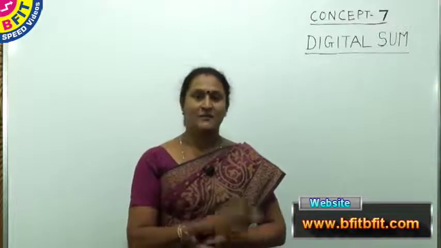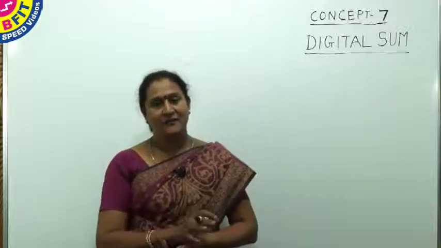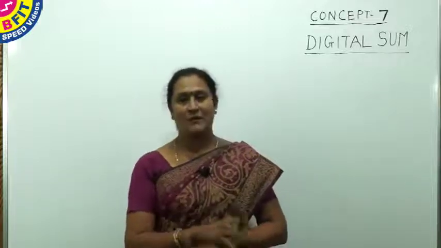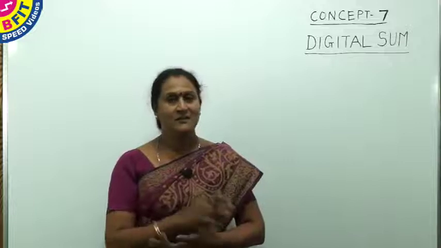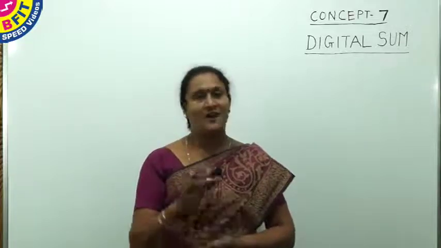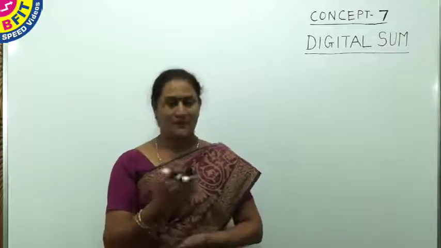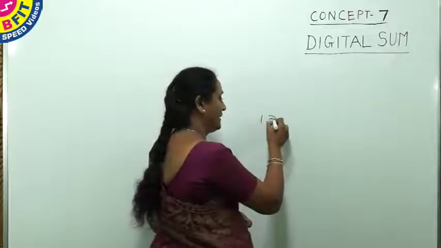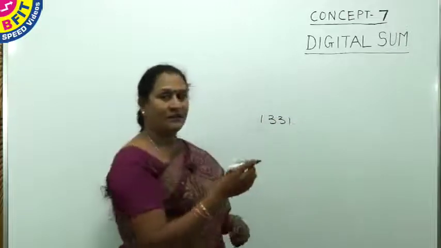Mostly this concept is used to verify whether the working is correct. For addition or multiplication, this digital sum is used to verify the answers. Say for example, suppose you are multiplying 1, 3, 3, 1 with 11.